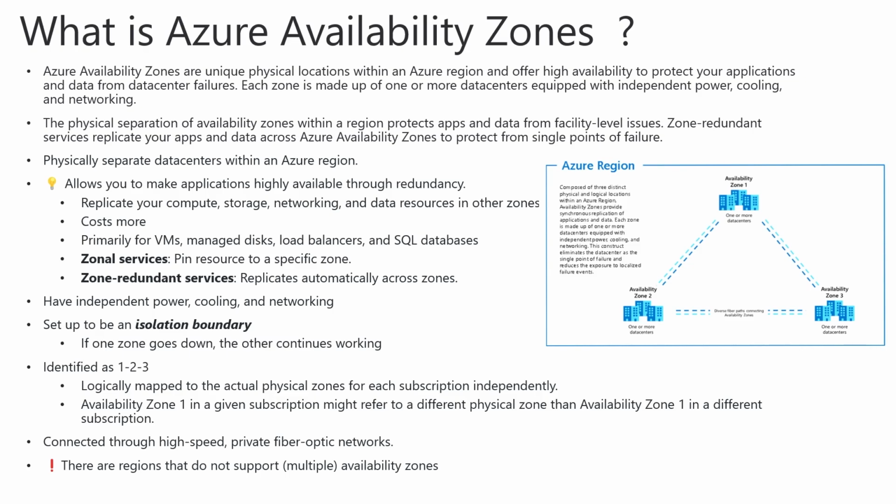As we have seen in multiple videos, when we choose the region and location, we also choose whether we want to go with availability zones and how many we want to use. It also sets up an isolation boundary where, if one zone goes down, the others continue working. But it can cost more, so we need to check whether we really require it, because if your compute and storage are replicated across these data centers, the cost can increase.